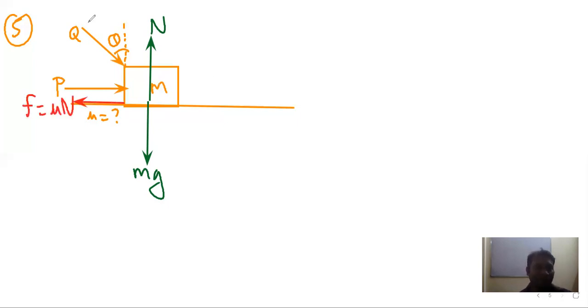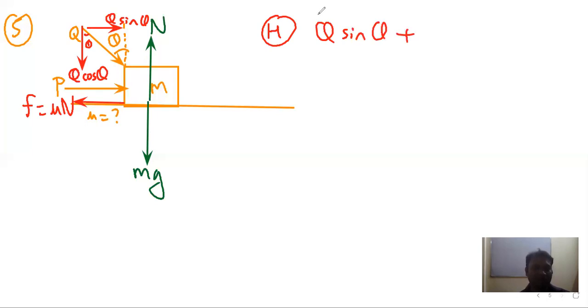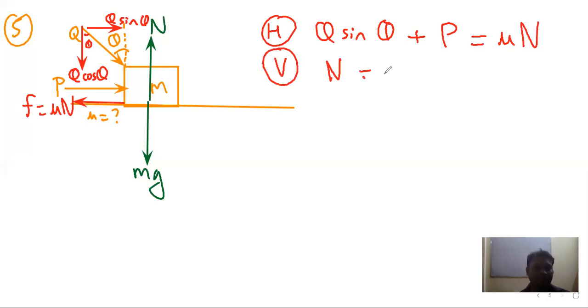Other than that, we have the components of this Q force. One component is this, another component is like this. This angle is theta, so this is Q cos theta, and this is Q sin theta. So along the horizontal direction, we have the rightward force, which is Q sin theta plus P, equals friction, which is mu N. In the vertical direction, we have N equals mg plus Q cos theta.